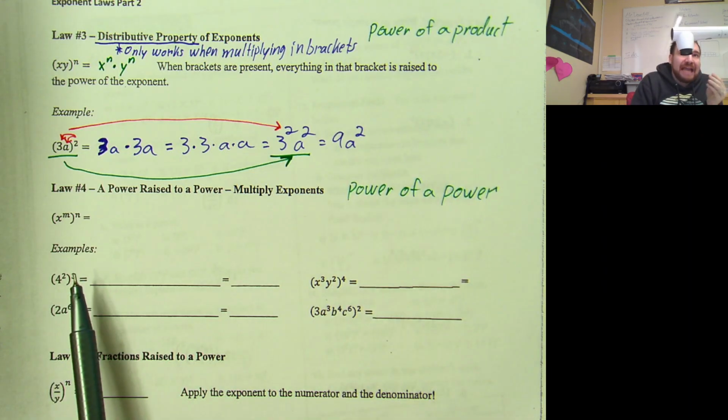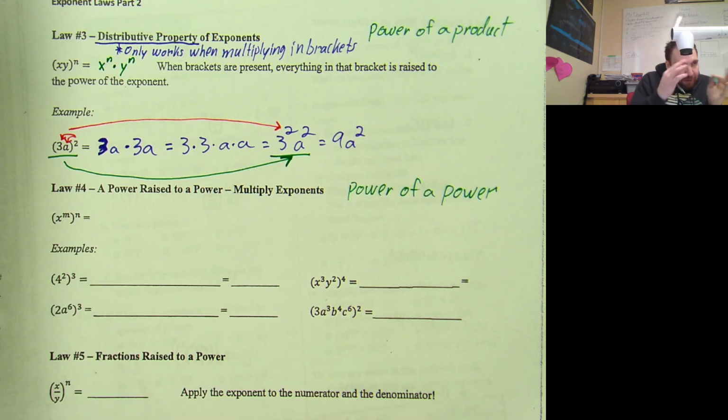So, I've got 4 squared in brackets, and then I'm cubing that thing. What does that mean based on the exponents that I've been given? Danny: So you would do what's inside the brackets first. I don't want to evaluate it. Don't. Why not?